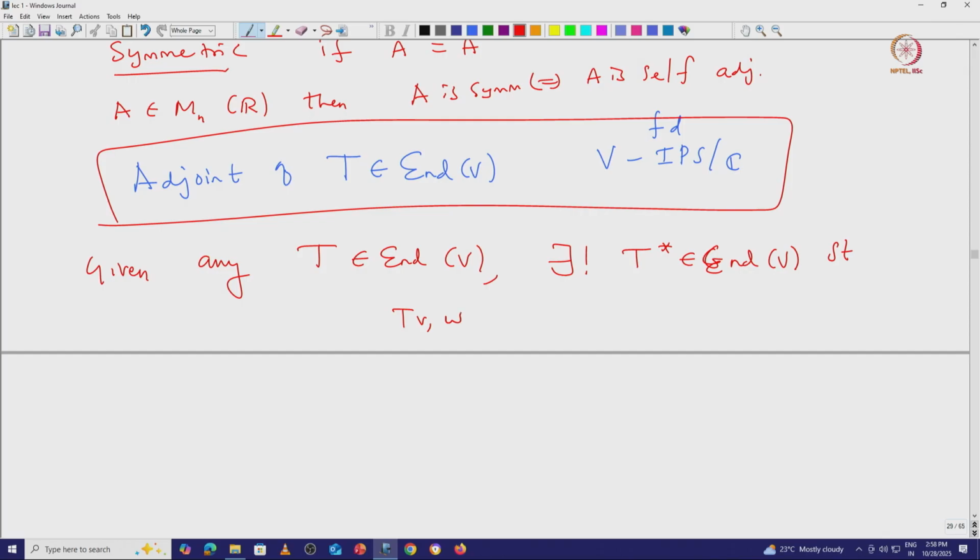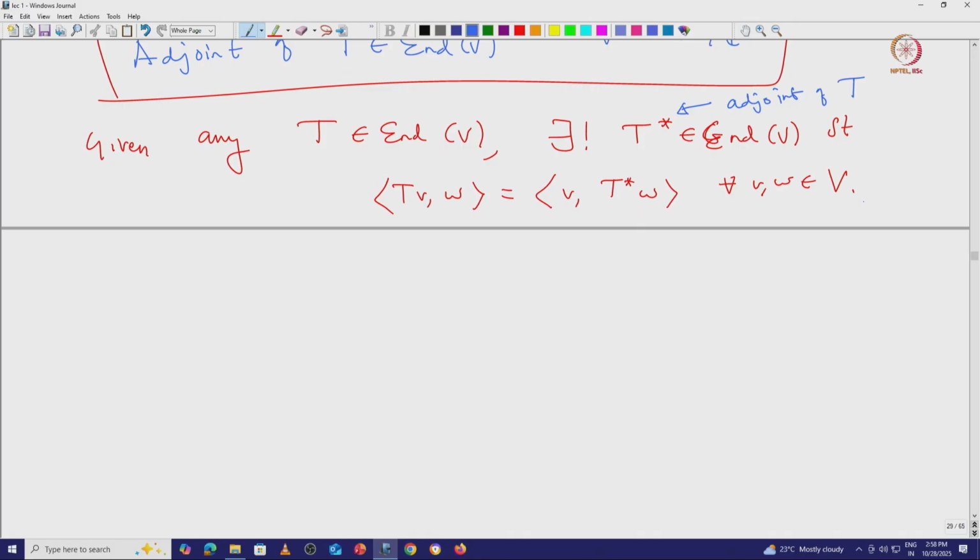So, the inner product of Tv with w is the same as the inner product of v with T star w for all v, w in V, and this T star is called the adjoint of T. The adjoint exists, as you know from basic linear algebra, and you call this operator T self-adjoint if T star equals T.